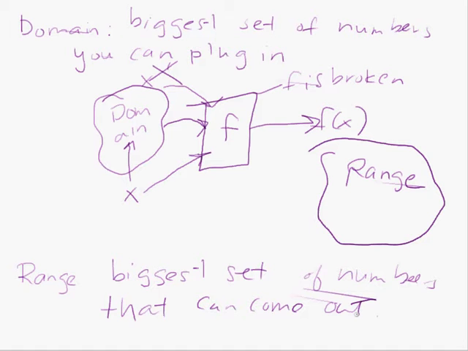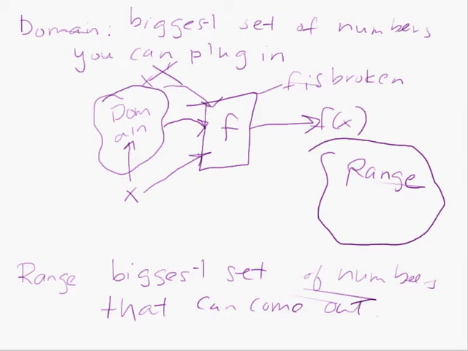Now, almost always the simplest way to determine the range of a function is to graph it. You look at the y-axis going up and down, and see the smallest value on that y-axis that it takes and the largest value, and those tell you what your range is.